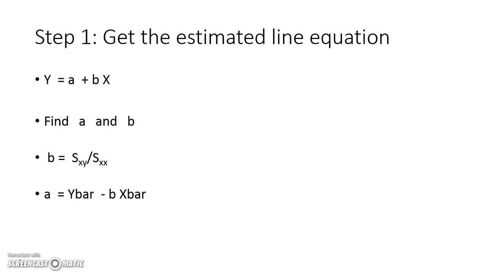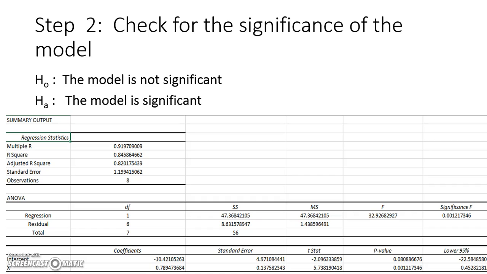Moving to the next step, once we get the line equation, we need to check for the significance of that line equation or the model or the function. The corresponding set of null and alternative hypotheses is as follows.